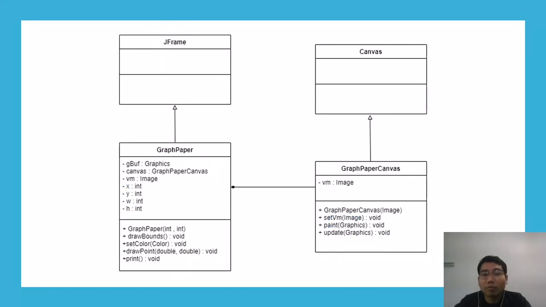We have 4 main classes. As you can see, the JFrame class, Canvas class, GraphPaperCanvas, and GraphPaper class. So before I go further, I would like to explain why JFrame and Canvas do not have any attributes in the class. Based on our research, we noticed that JFrame doesn't need to have any attribute in it because we just extend from our class.